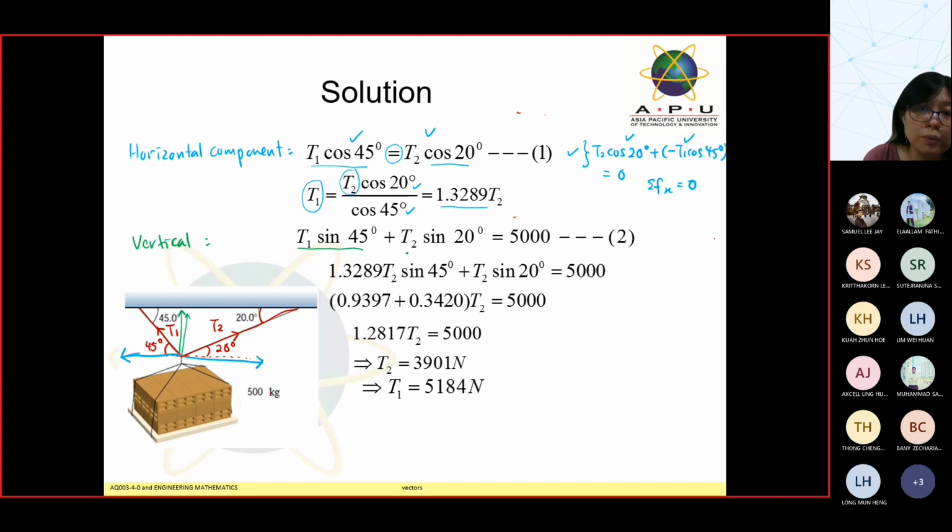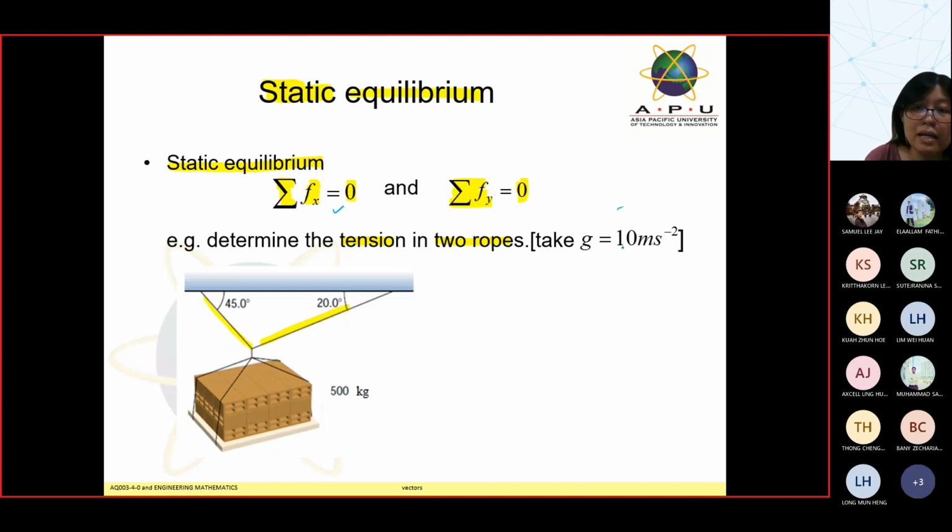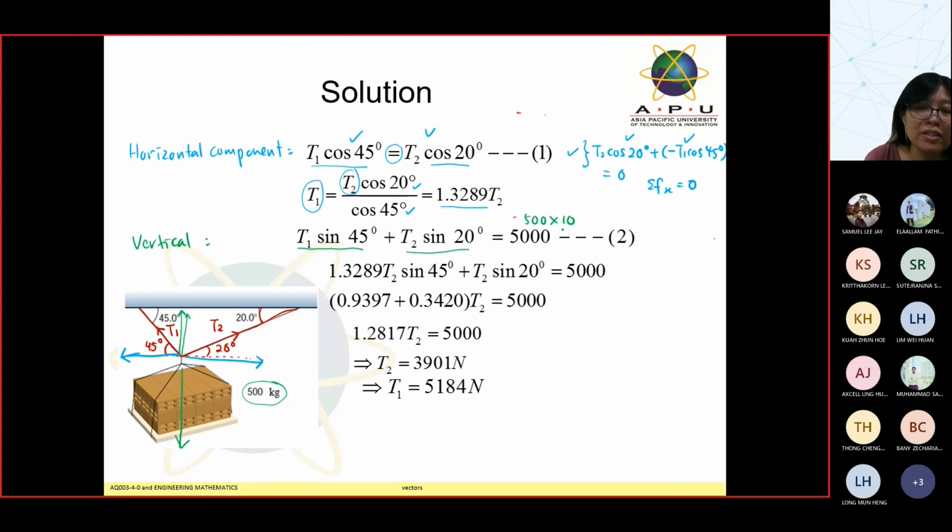The one from T2 will be T2 sin 20. Then can you see another one which is pointing down, which comes from the object of 500 kg? But this one hasn't included the gravity. So to include the gravity, we multiply 500 by 10. Remember, just now we assumed gravity is 10. So 500 times 10, I get 5,000.